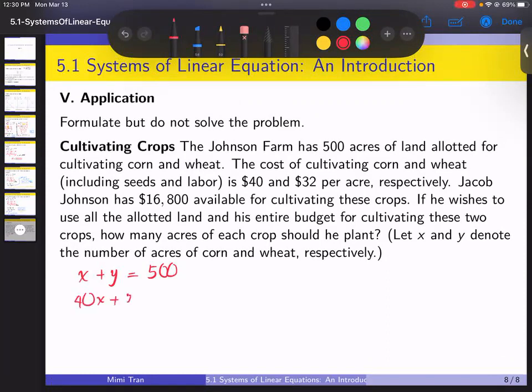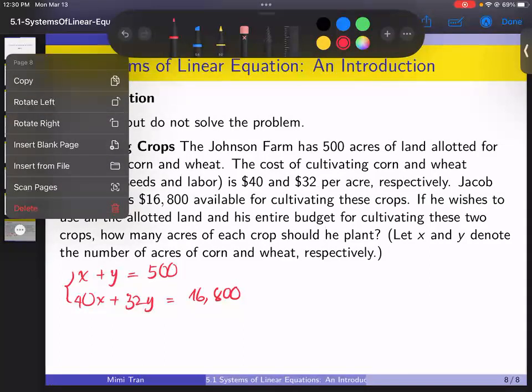I know it says formulate, but do not solve. But let's solve for this, just for the sake of practicing.